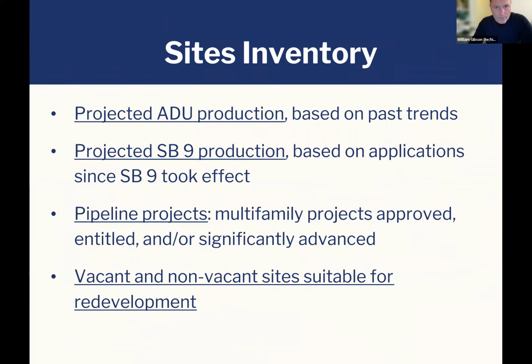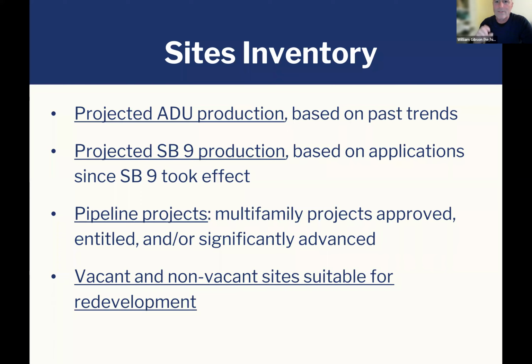So in our sites inventory, we have the following categories. We projected ADU production based on the past several years of production countywide in the unincorporated areas. We also projected SB 9 production, and SB 9 again is the new state law that says for single family zoned parcels, developed or undeveloped, it makes it much easier both to subdivide them and to build multiple units, up to 4 in some cases, on a formerly single family site.